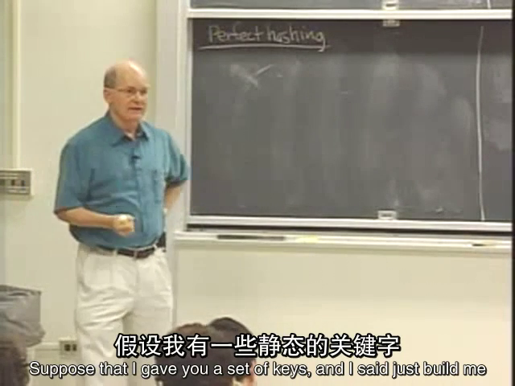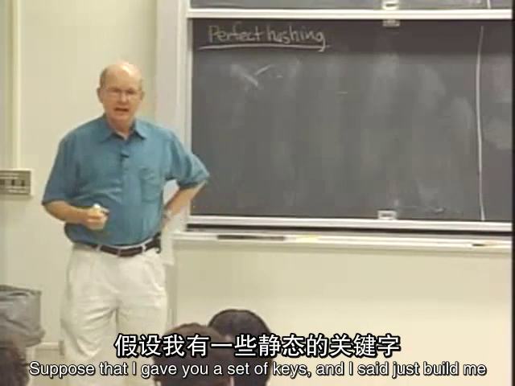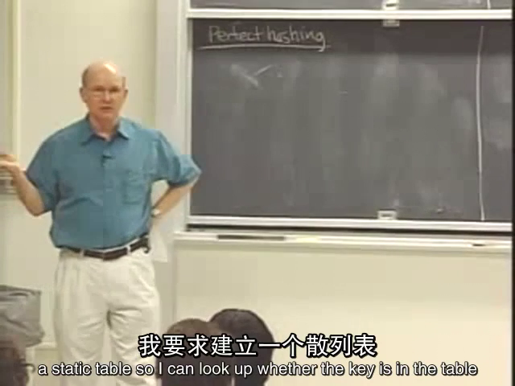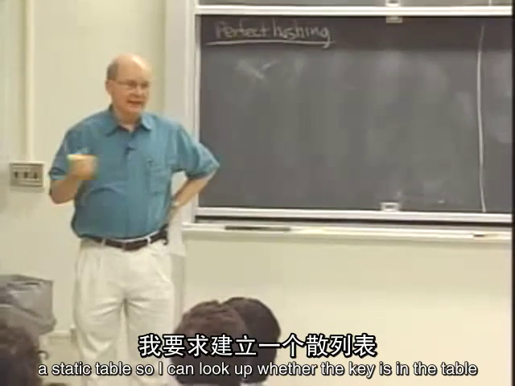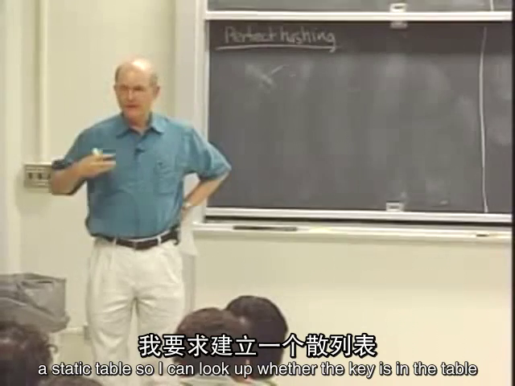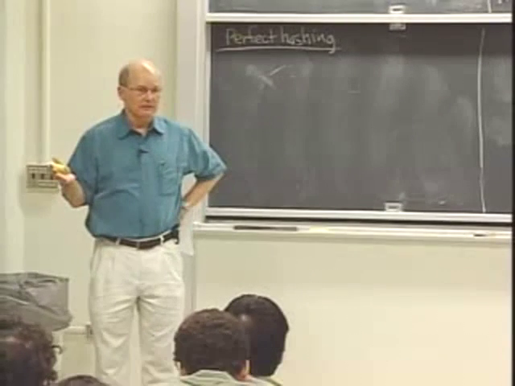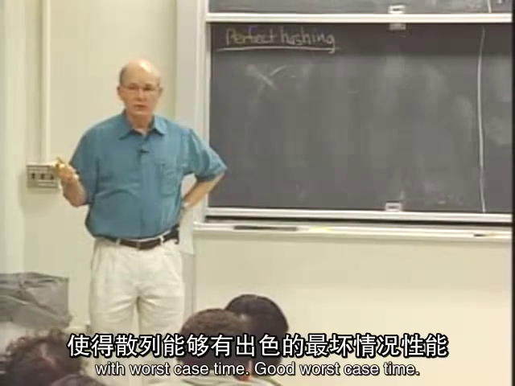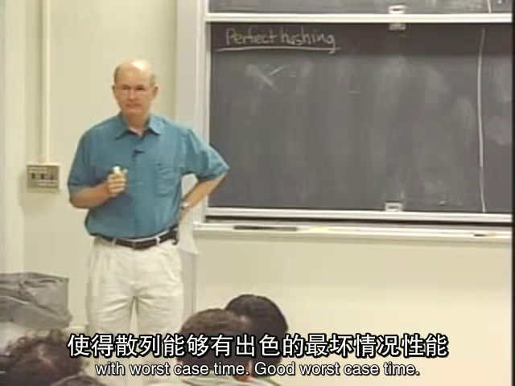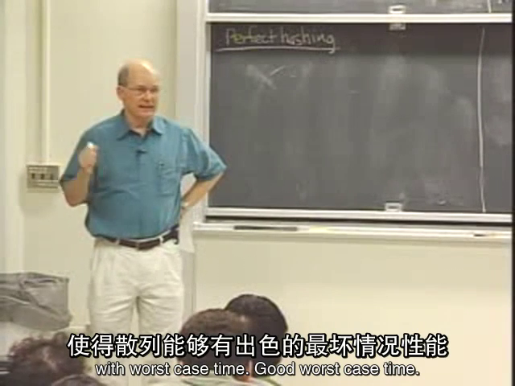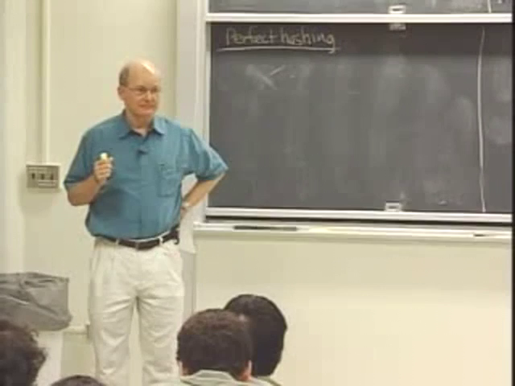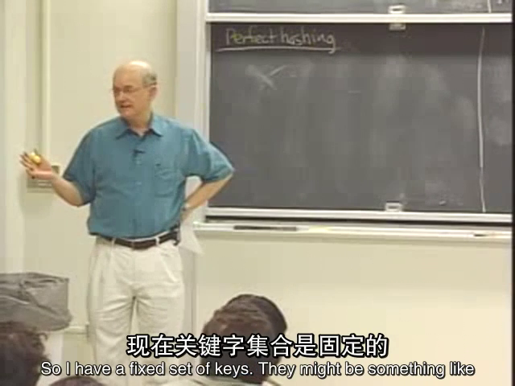Suppose that I gave you a set of keys, and I said, just build me a static table so that I can look up whether a key is in the table with good worst case time. So I have a fixed set of keys.